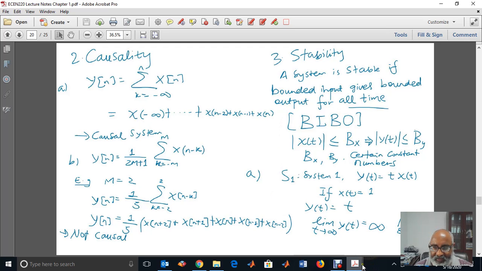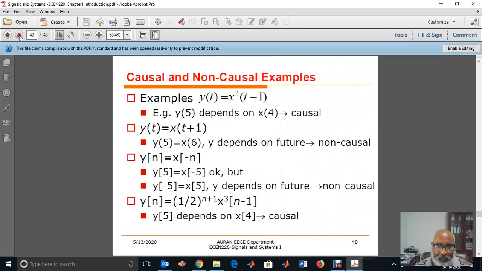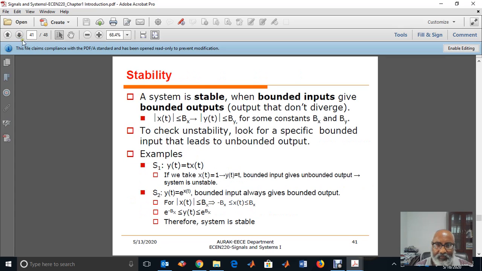Okay, stability property. When do you say a system is stable? A system is stable when bounded input gives bounded output. That means whenever we give a finite valued input to the system, the output should also be finite for all time t.